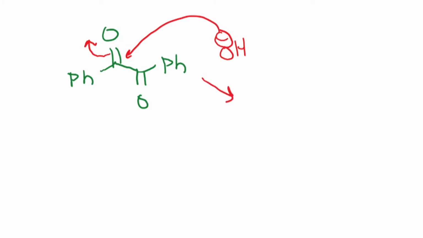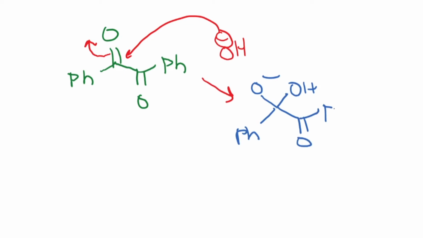Then the intermediate that is formed is the following. You have O minus, you have Ph, C double bond O, Ph, and now we need to keep in mind that the product formed actually has two phenyl groups attached to the same carbon. So there has to be some sort of a migration that occurs.